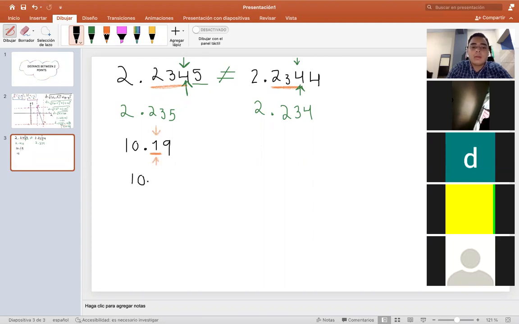No, guys, the next number in the coordinate plane: if we have 0, 1, what do we have next? We have 2. So this one is greater than 5, so we have to change this 1 into a 2.